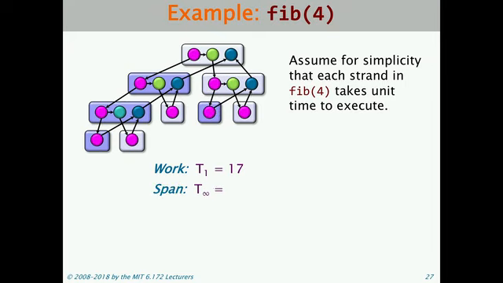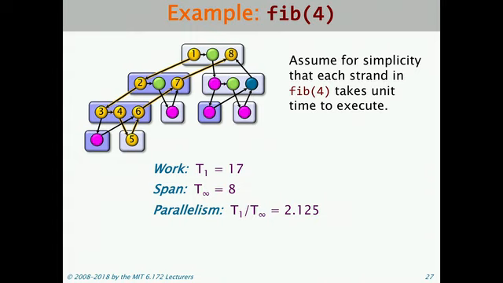What about the span? Somebody said 8. Yeah, so the span is 8. And here's the longest path. This is the path that has 8 nodes in it, and that's the longest one you can find here. So therefore, the parallelism is just 17 divided by 8, which is 2.125.